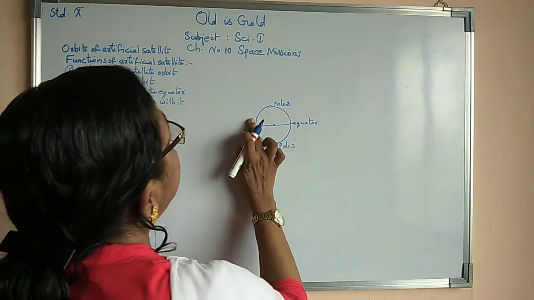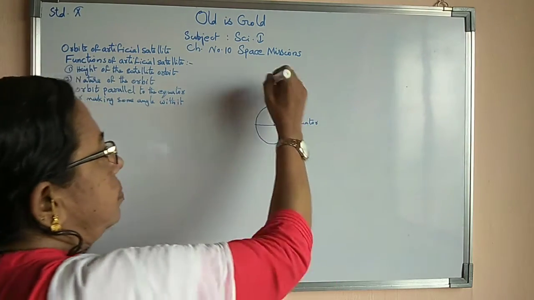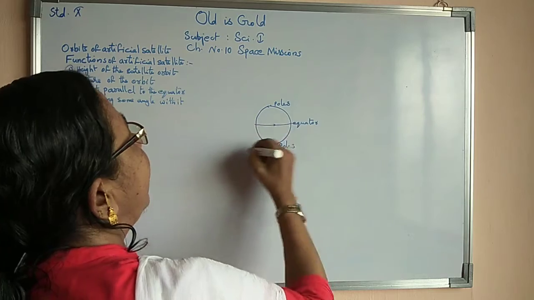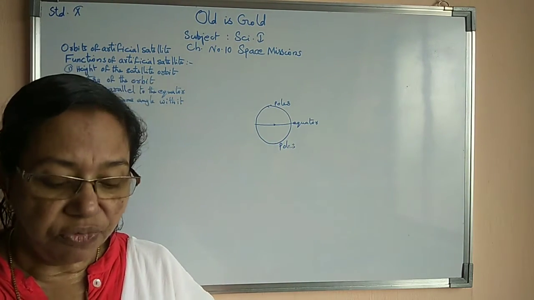Parallel to the equator, parallel to the poles, and even at certain angles around the earth, satellites are revolving.